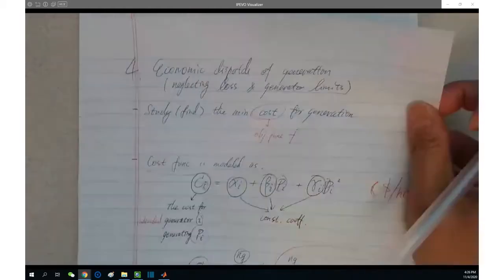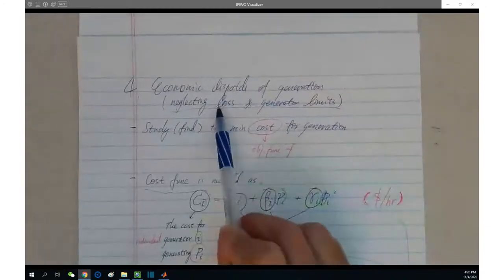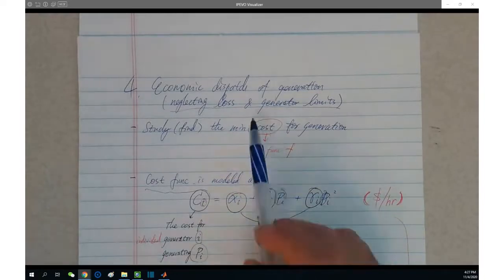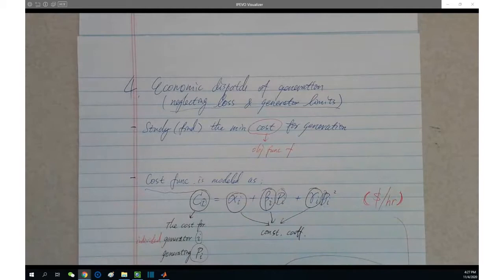The optimal dispatch, so far we have been talking about is what? The optimal dispatch neglecting the loss and the generator limits. Number 4 here, this is the title we had. This is the scenario we have been studying. We are neglecting the loss and the generator limits.